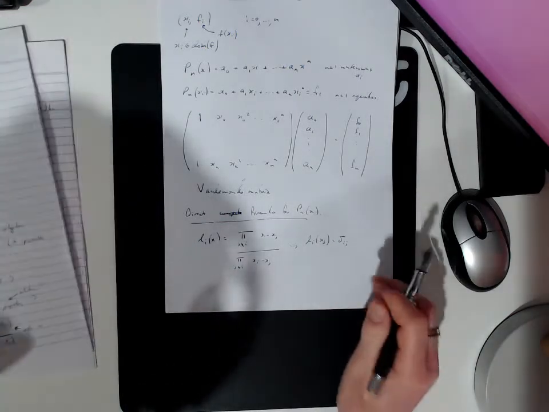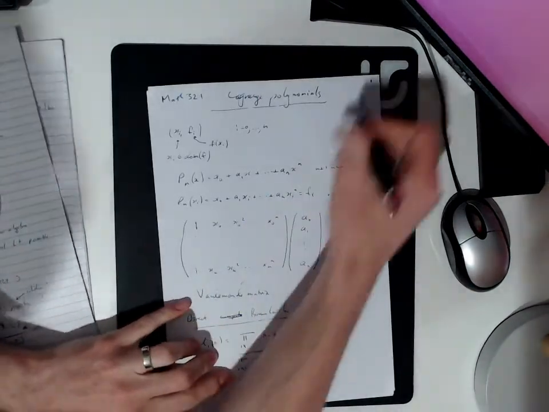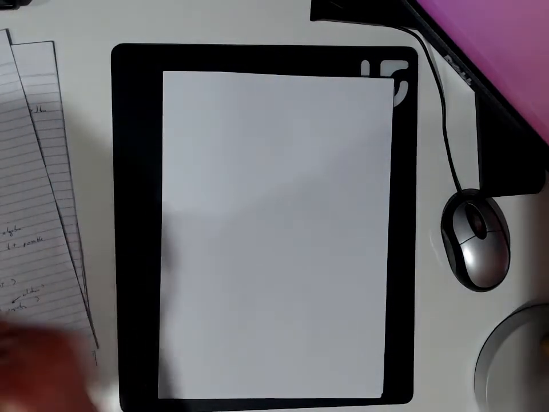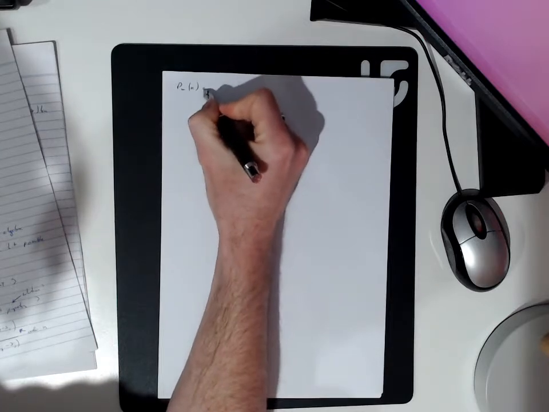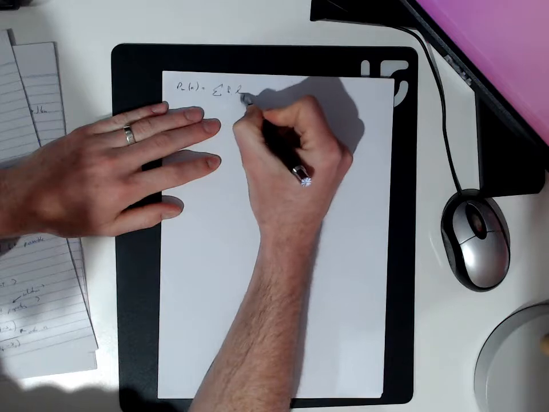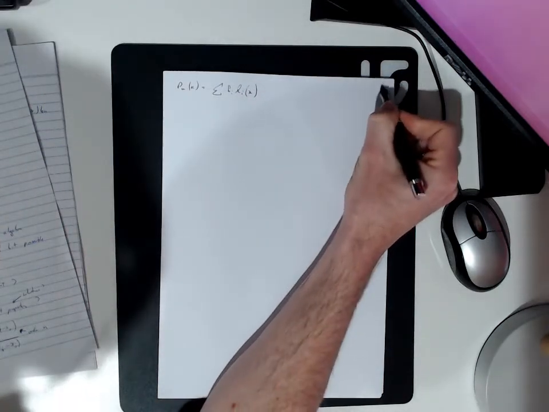So this gives us an easy way to write down the formula for our function. In this case we can write P_n(x) is equal to the sum of f_i L_i(x). And you should check that this works.